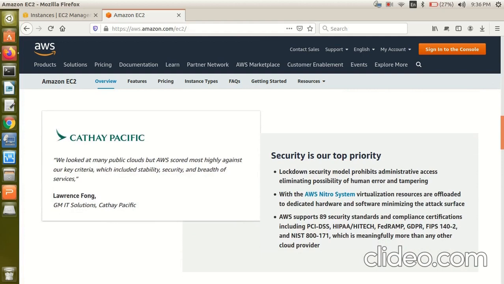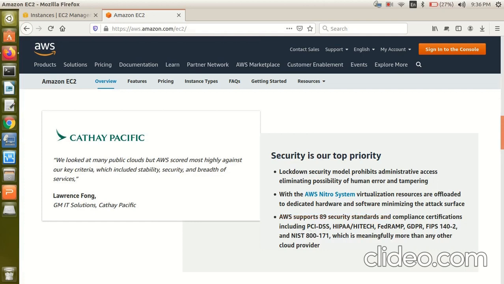So AWS was able to cater to the security requirements that the airline had. AWS also says that security is their top priority, and they support around 89 security standards and compliance certifications like PCI DSS, HIPAA, HITECH, and so on.